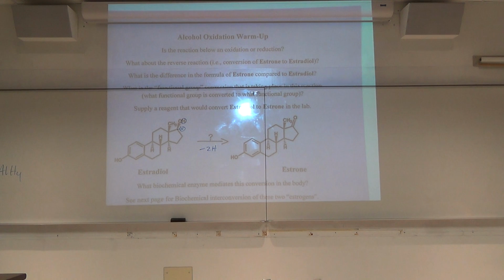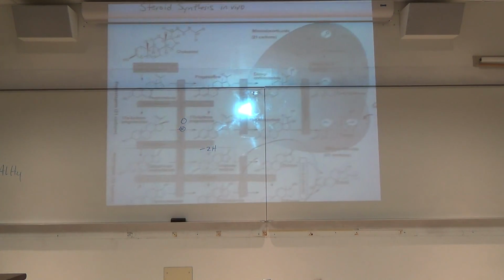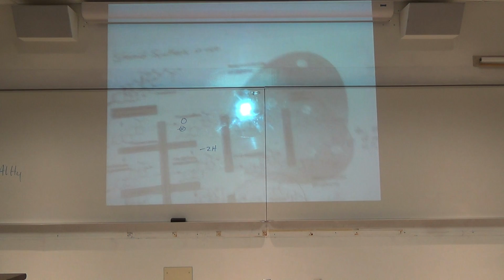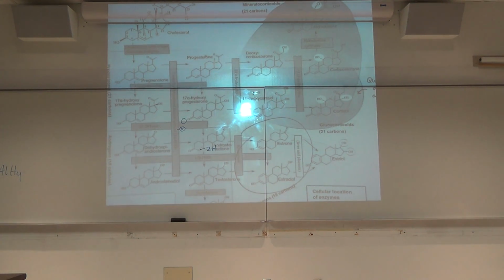Now we'll learn how to do this in the lab. Of course, the body usually uses some very sophisticated enzymes. If you look on the next page, it shows a lot of the steroidal synthesis, both sort of testosterone based and also estrogen based.